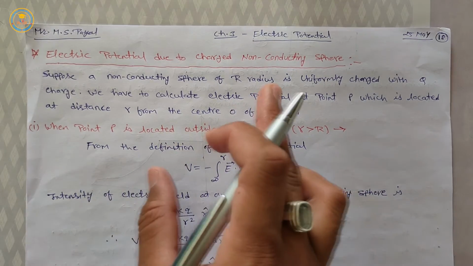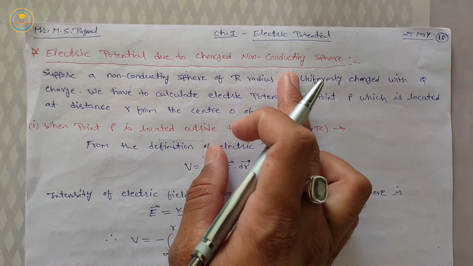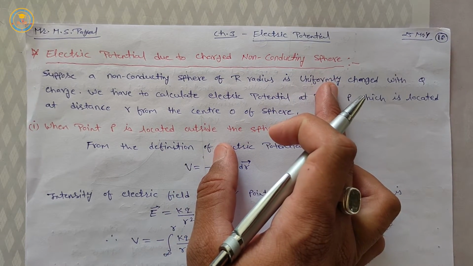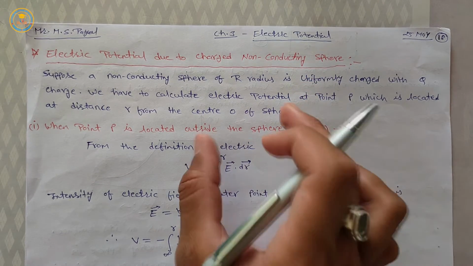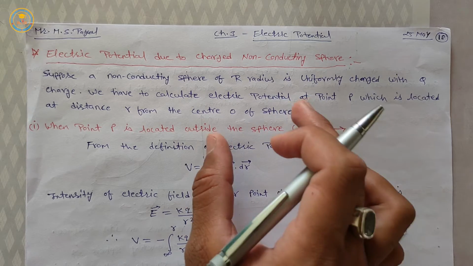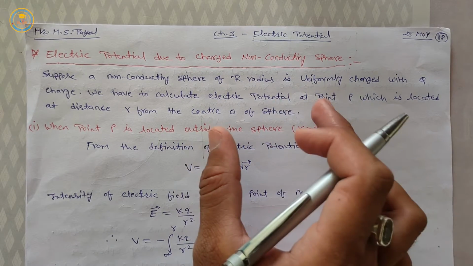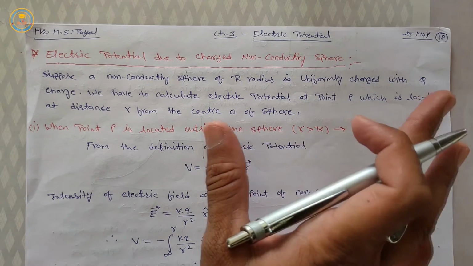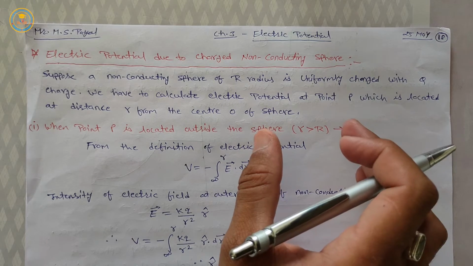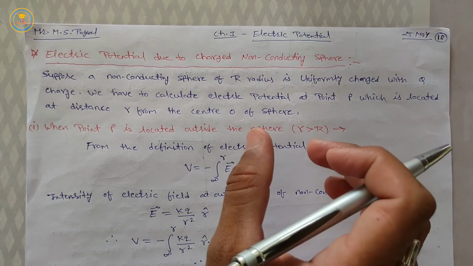But when we apply some charge on a non-conducting sphere, this charge remains in the same place as it is given. It is not spread out over the surface. This is the main difference between a conductor and a non-conductor.